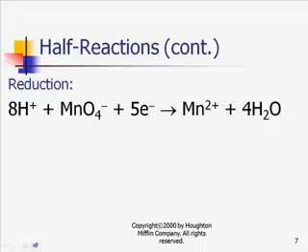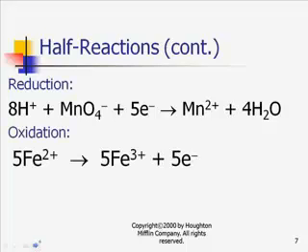Okay, so if we pull together everything for the reduction to make it balanced, we get this as a half reaction, and then the oxidation, we get this as the half reaction.